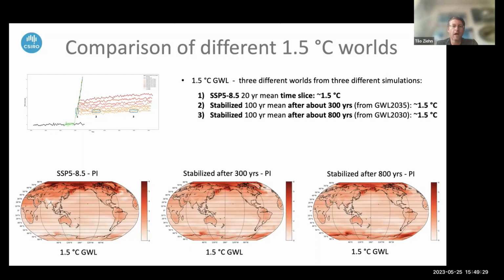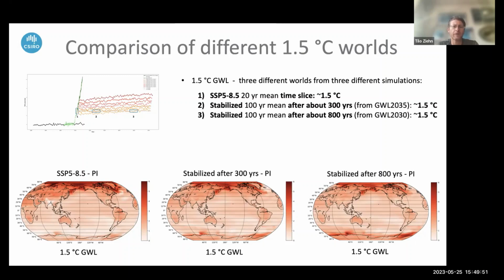So the first 1.5 degree world is based on a 20-year mean time slice derived from the SSP-585 simulation. The second world is derived from a stabilized run after about 300 years, and the third world is derived from another stabilized run after about 800 years.